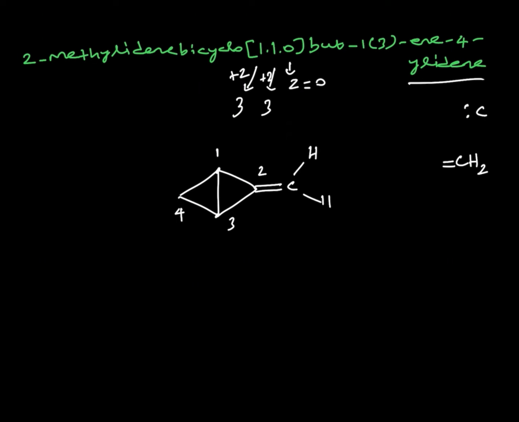We have our methylidene, and then in between 1 and 3 there is a double bond. So that is also done, and then at 4 position iodine. So put a lone pair for the carbene. That's the structure for this IUPAC name.